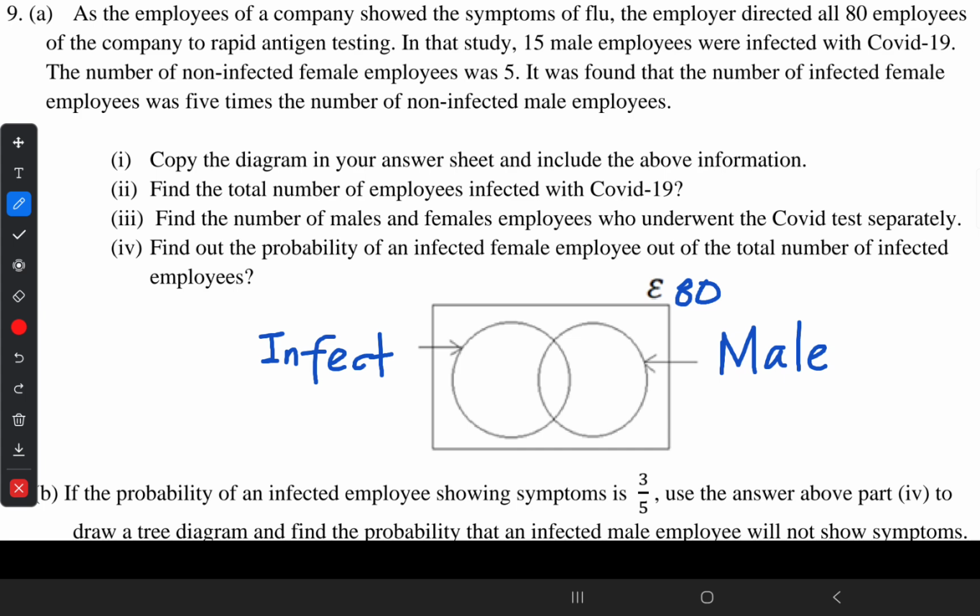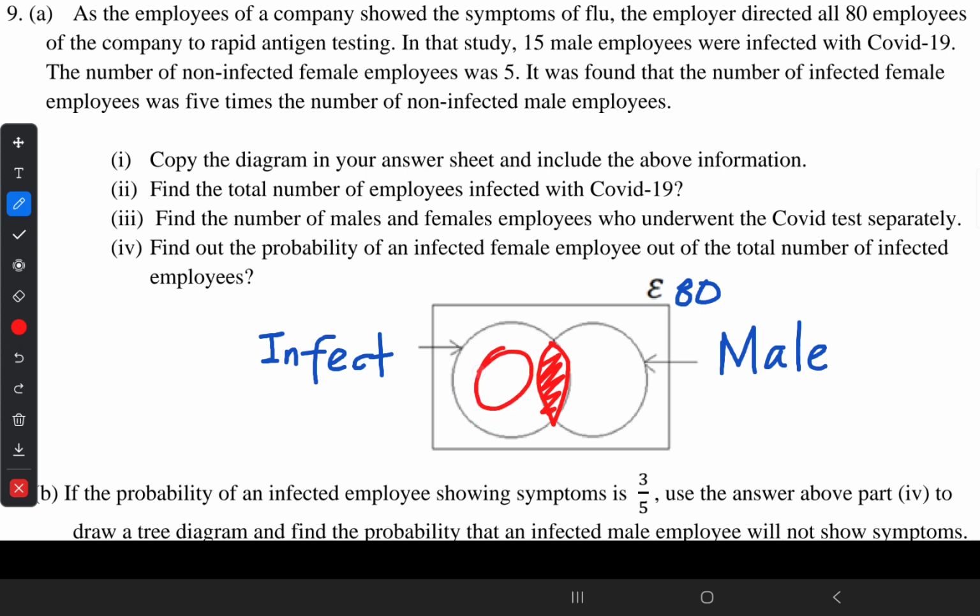First, let's analyze the regions. Infected means infected people, outside of that non-infected people. This circle denotes male. This intersection region should denote infected male. This one would be infected female, since there are only 2 genders denoted here.